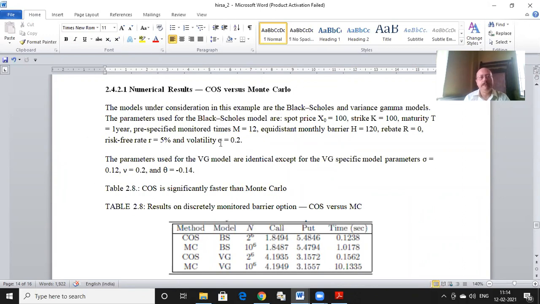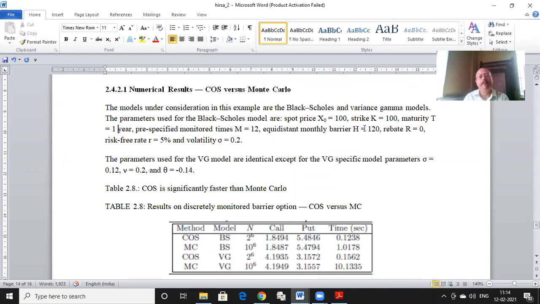For this example, two models are considered. One is the Black-Scholes, where I have analytical solutions and things are pretty much well defined. And the other one is the variance gamma model. For Black-Scholes, these are the parameters. These are more or less standard. Initial stock price 100, strike is 100. I have 1 year maturity period. I'm going to monitor 12 times, so basically once each month.